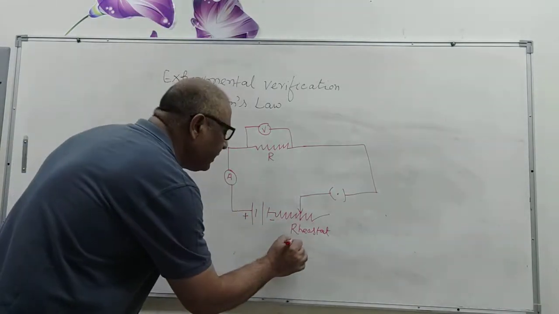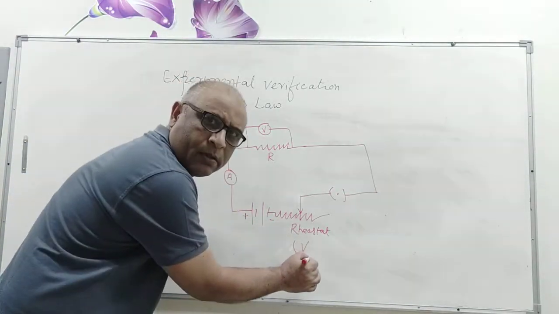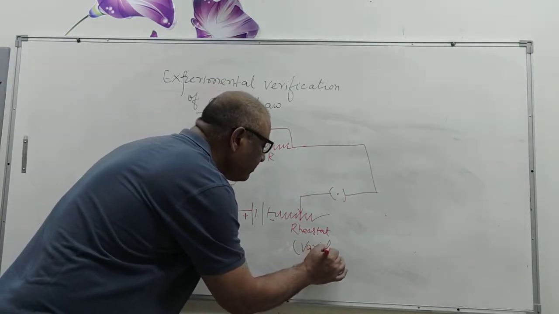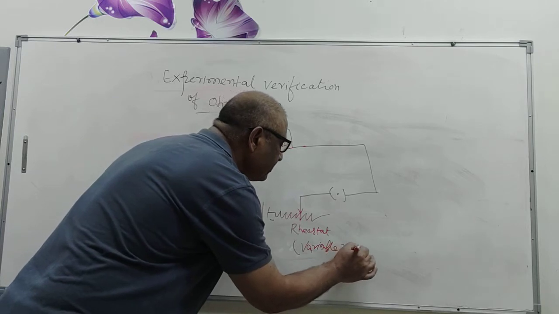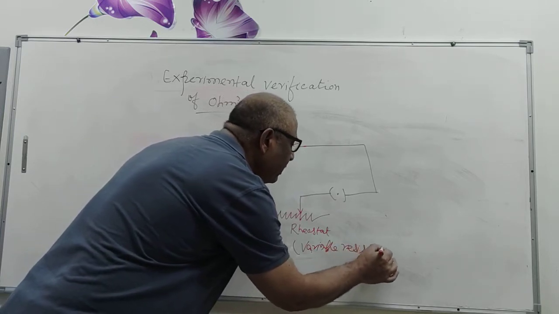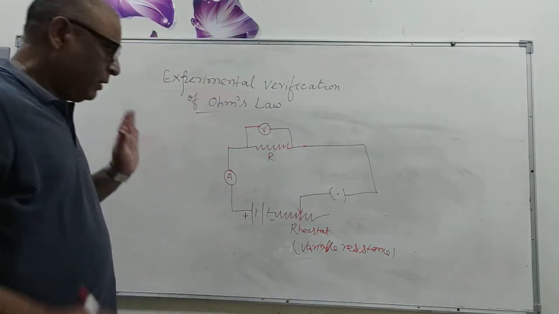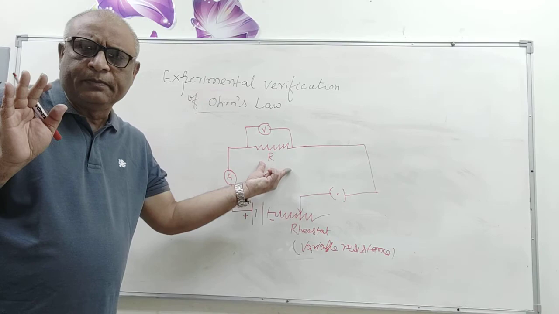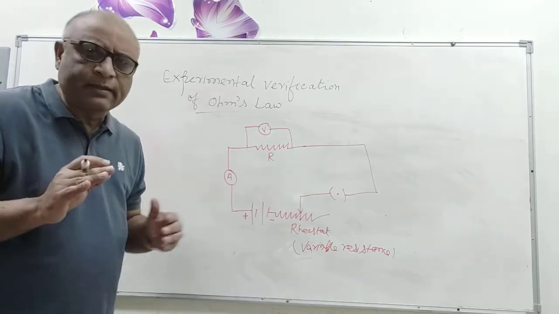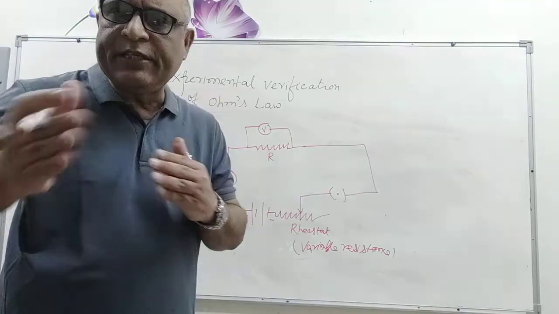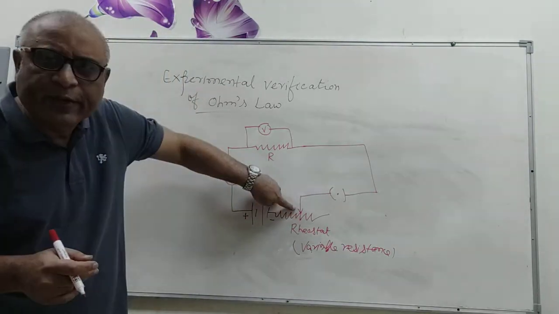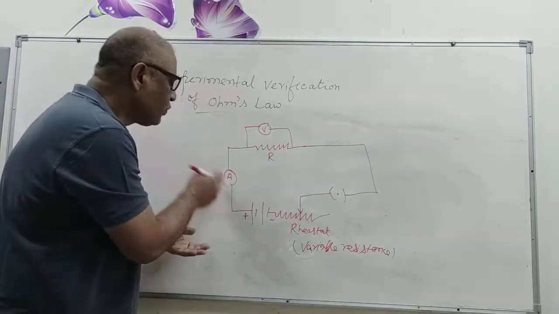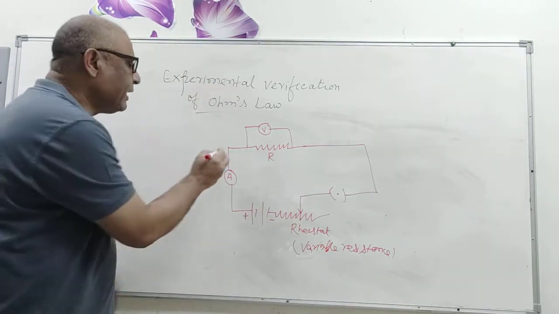You can also say that it is variable resistance. See this diagram. This R is fixed, but this resistance can be changed by changing this pointer, this arrow. You can slide and change the value of resistance, so current changes. This is the direction of flow of current.